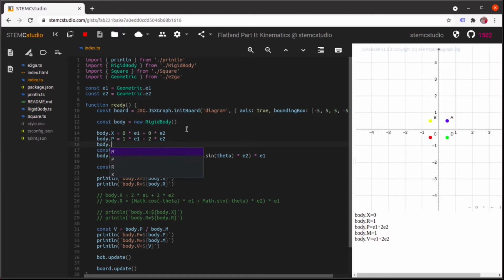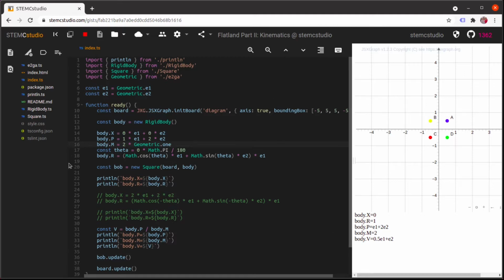So the body's mass is equal to 2 times the geometric 1, which is twice what it was before. If we do that, we've doubled the mass, and now the velocity is a half e1 plus 1e2, because 2 divided by a mass of 2 gives e2.